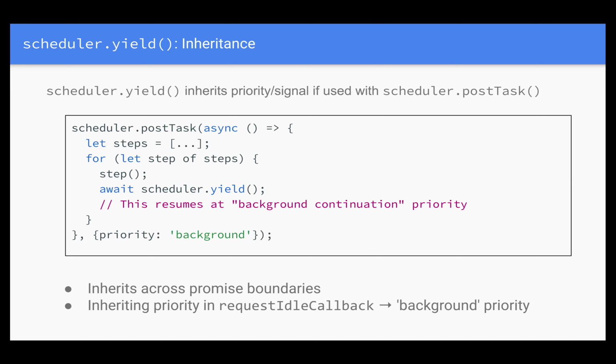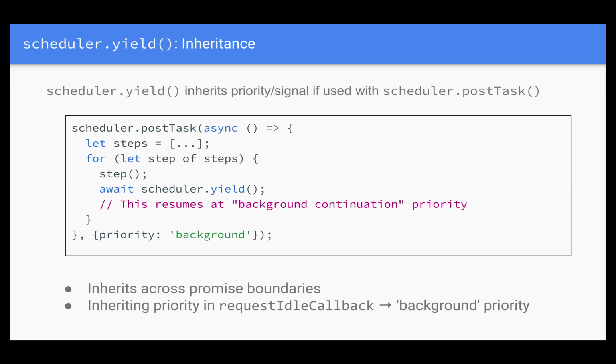So it gets a boost, but only a boost above background. Conceptually, this is one async task that's just broken into pieces, but it's all connected. So if postTask scheduled it with a signal that's abortable, then we can abort on those. We can stop it early as well.